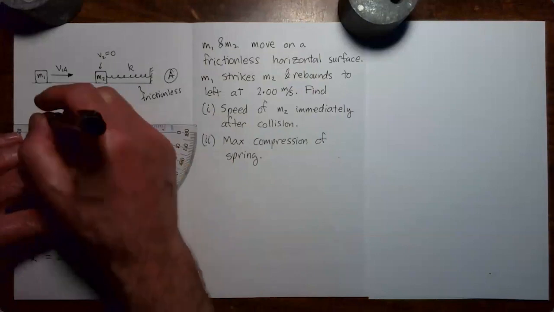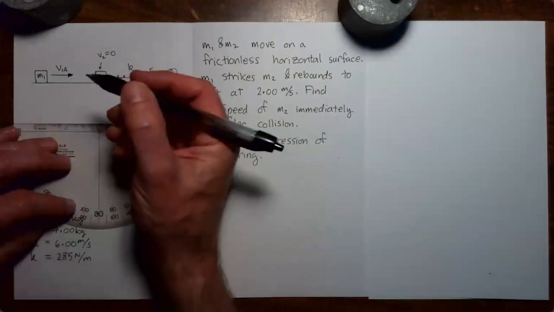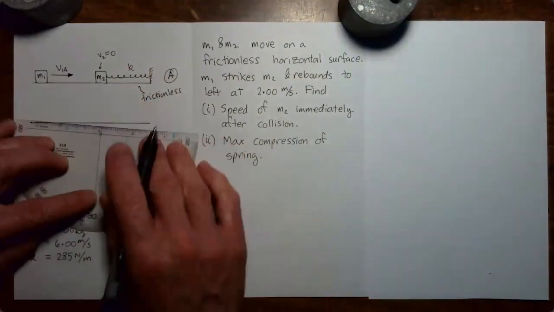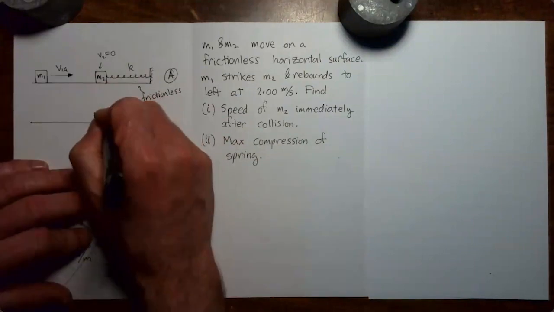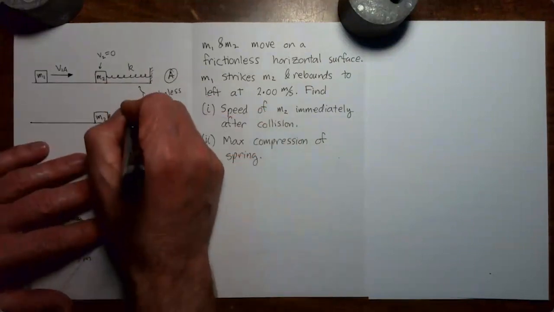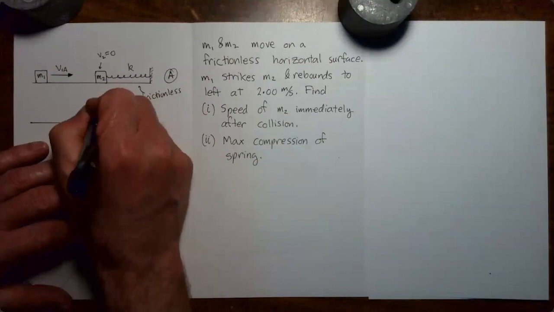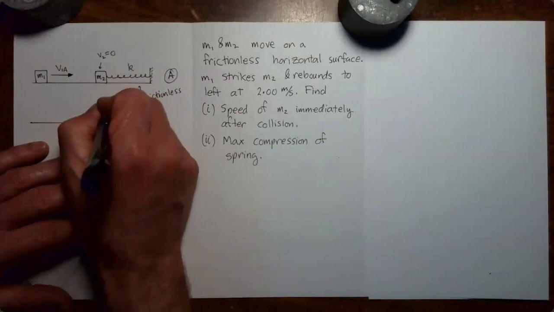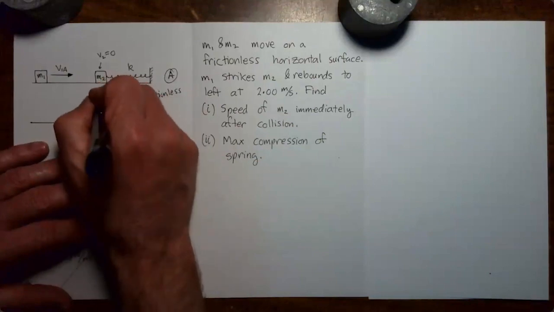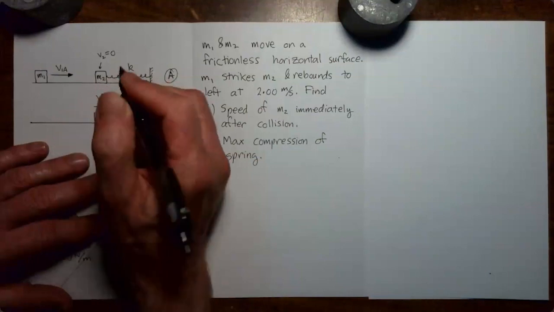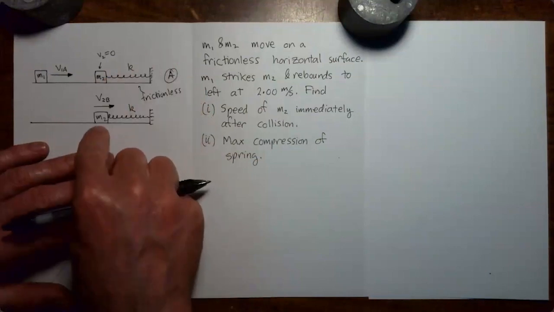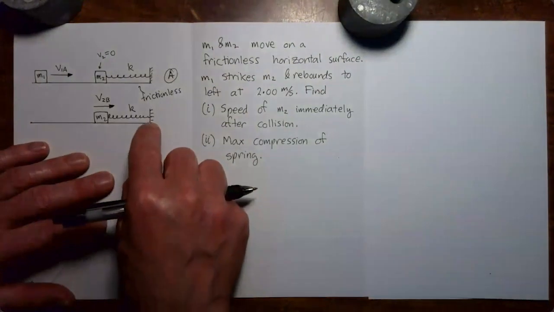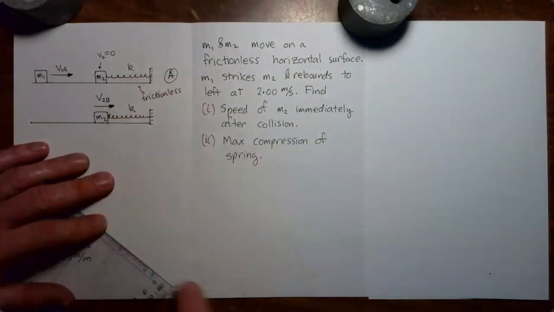Then we're going to draw in another moment of interest immediately after the collision. Now, immediately after the collision, mass 2 is already moving to the right at velocity v2b, but it has not had a chance to actually go anywhere yet, so the spring is still at its original length.